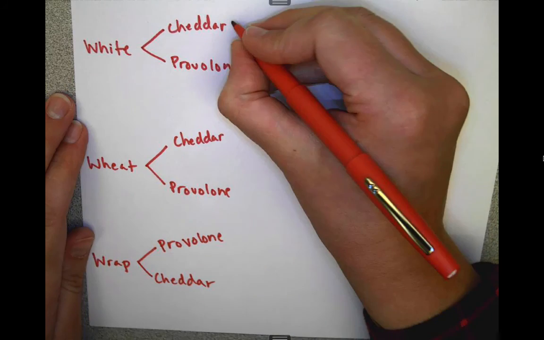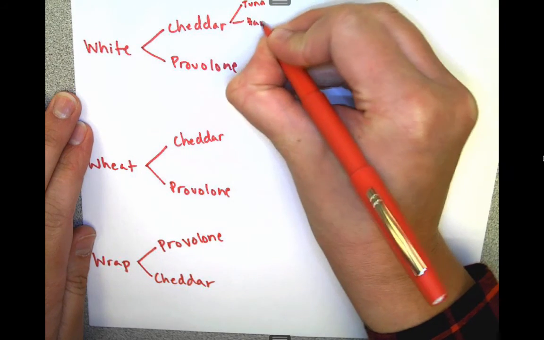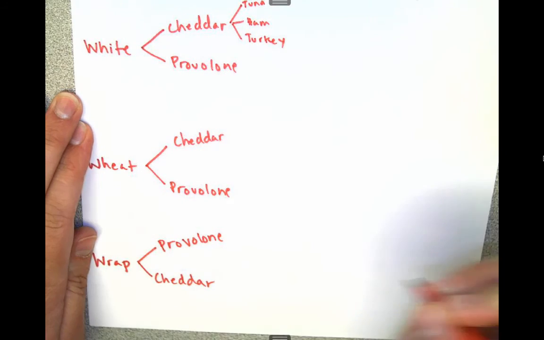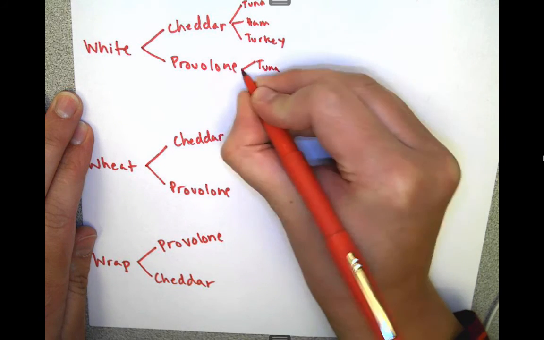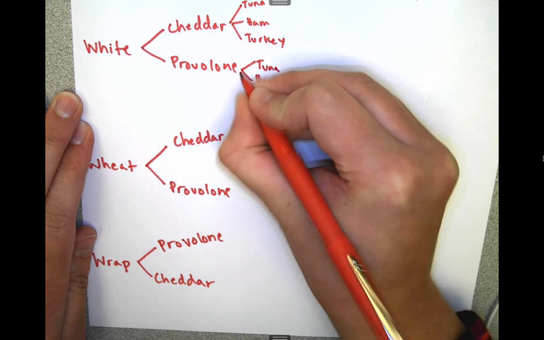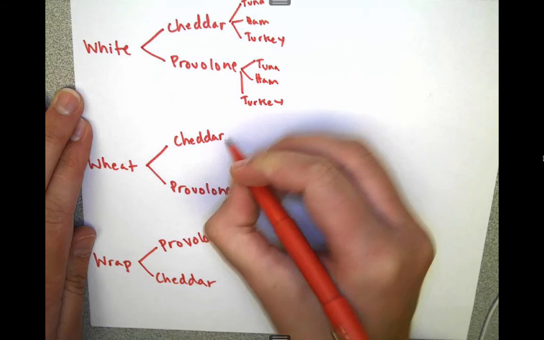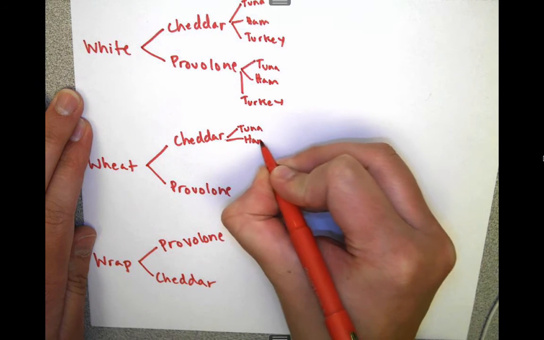So from the cheddar, you can say I could get a tuna, a ham, or a turkey. Those are my 3 choices. From the white provolone, I could get a tuna, ham, or a turkey. Okay, wheat cheddar, I could get tuna, ham, or turkey.